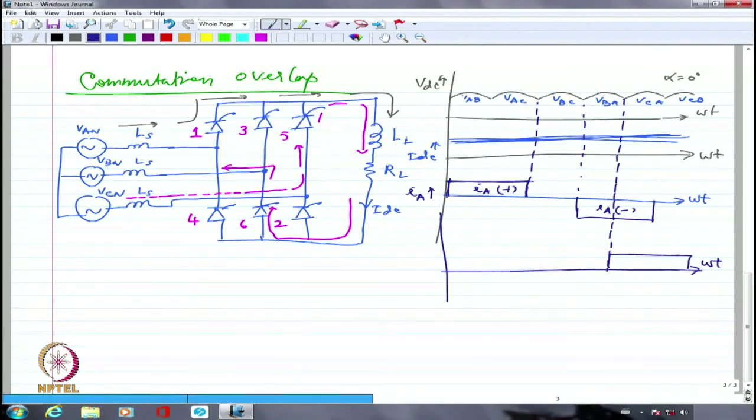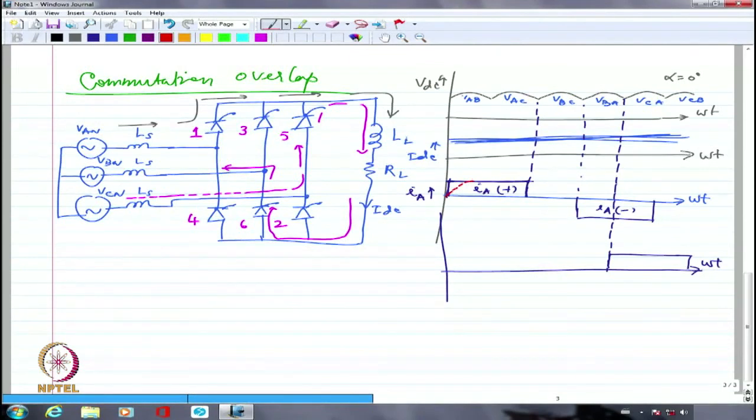But now, because of the commutation overlap, maybe I am going to have the current rising slowly. It will not really rise abruptly, but it will rise slowly, like what I have shown here.